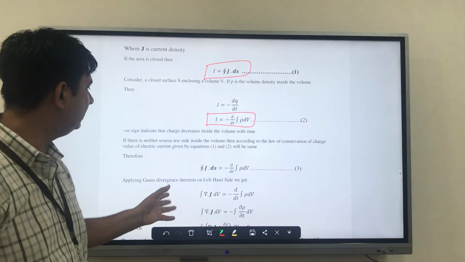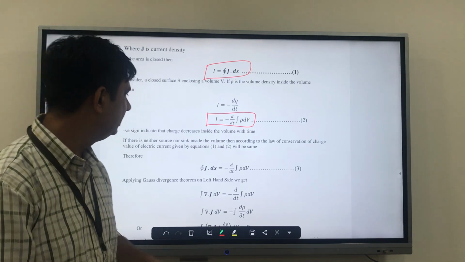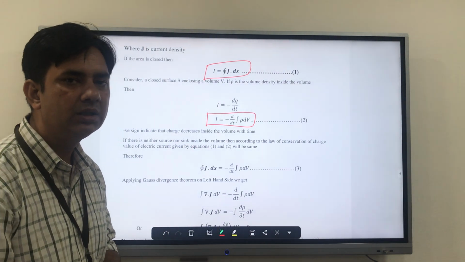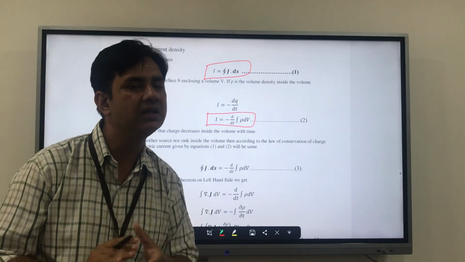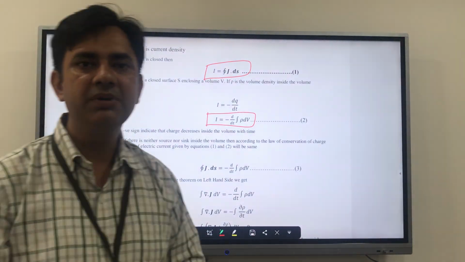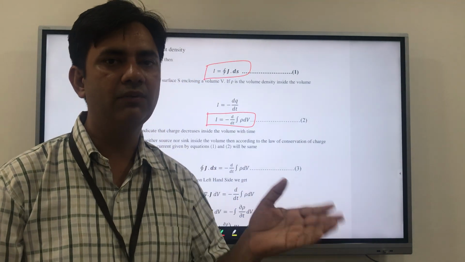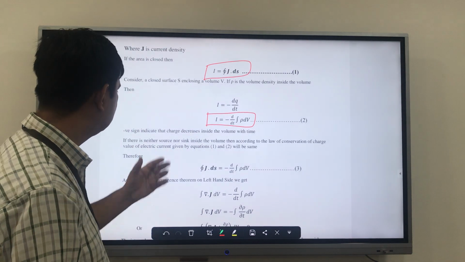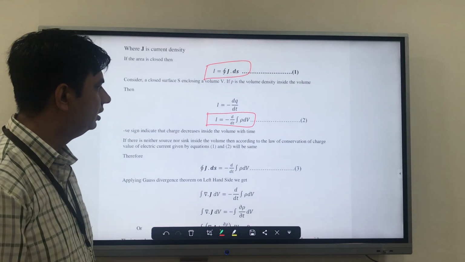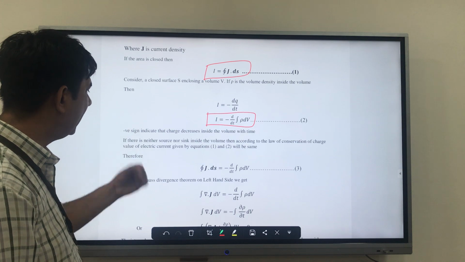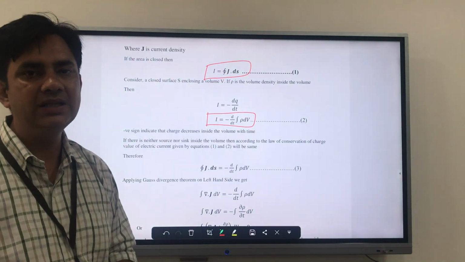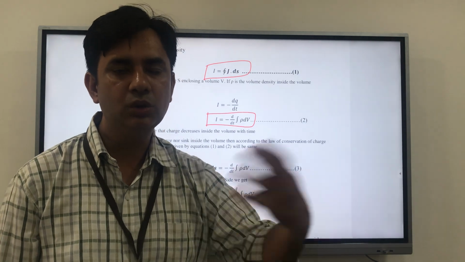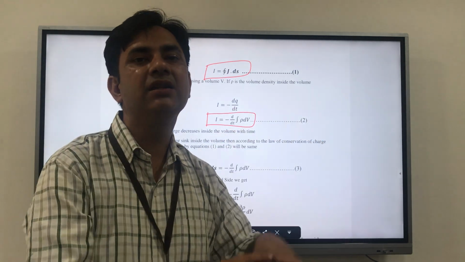If there is neither a source nor a sink inside the volume, then according to the law of conservation of charge, what is the law of conservation of charge? Charge cannot be created nor destroyed, it can be converted from one form to another, or it can get transferred from one place to another. So neither a source nor a sink, that means there is no source producing the charge and no source destroying the charge.